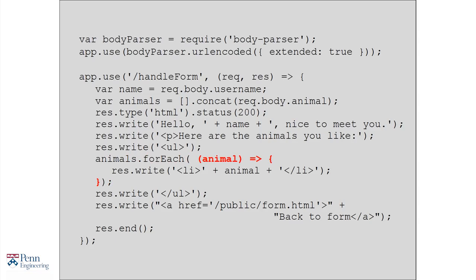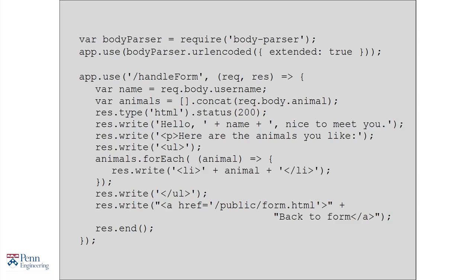We'll call each element animal, and for each animal, we'll use response.write, and we'll construct the list item using concatenation with the animal. After we've generated the unordered list, we have the link that will take the user back to the form. And note that we have to use different types of quotation marks. Here I have the double quote on the outside and the single quote on the inside.